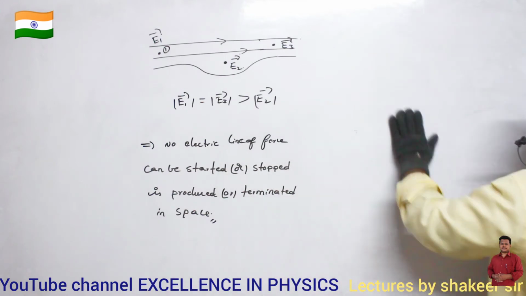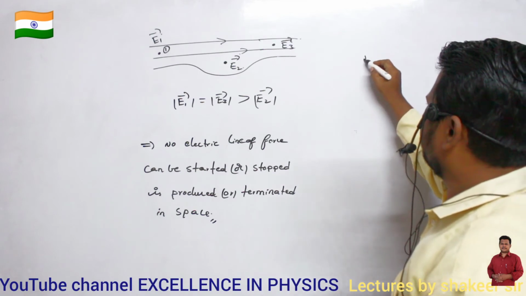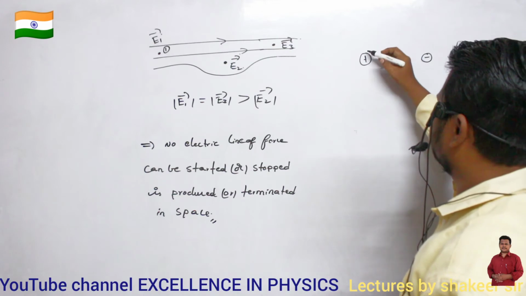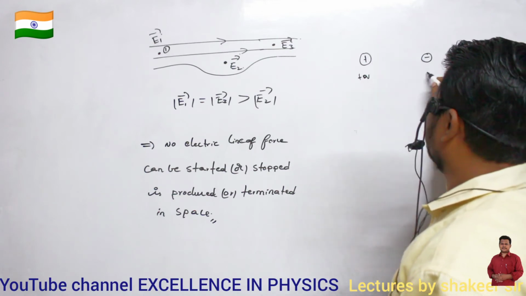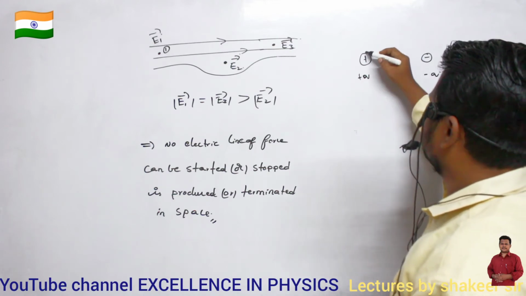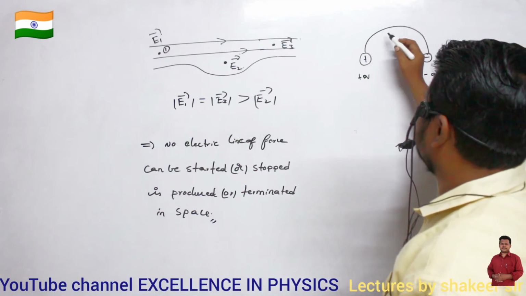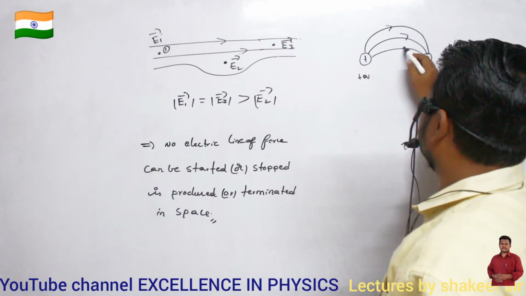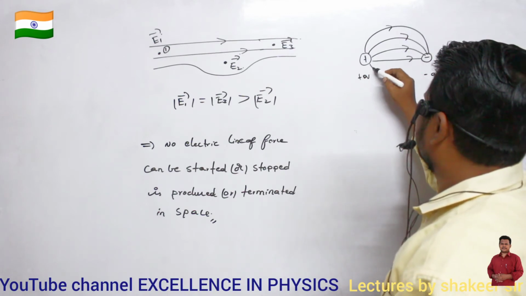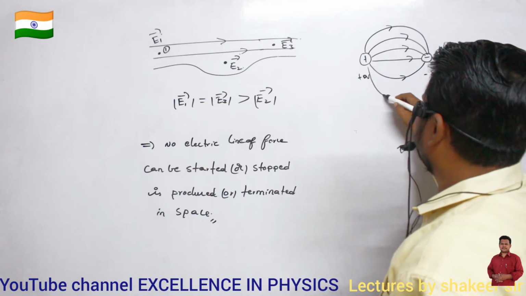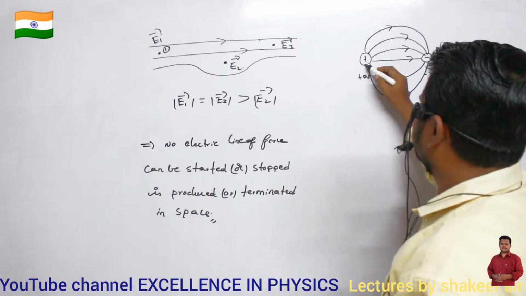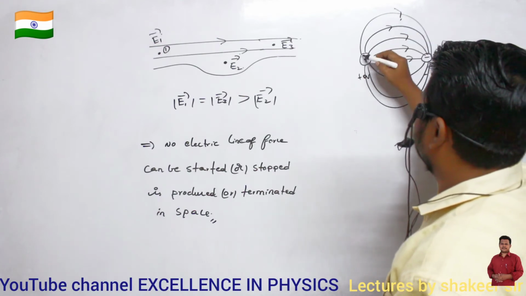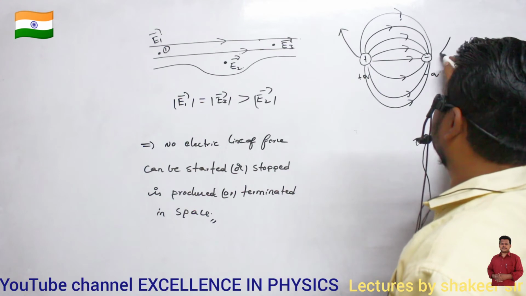For example, if it is a positive charge and a negative charge, let us call them plus Q and minus Q. Then electric lines of force start here and end on the negative charge like this. And wherever it may be, what will be the angle they make? They will be making an angle of 90 degrees with the charges.